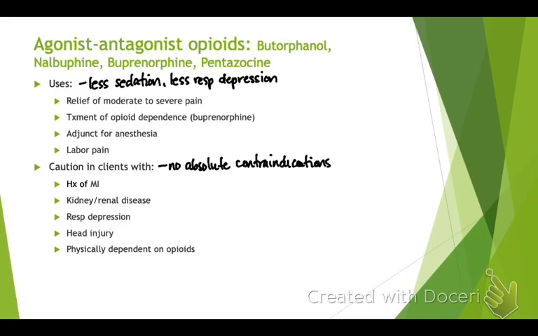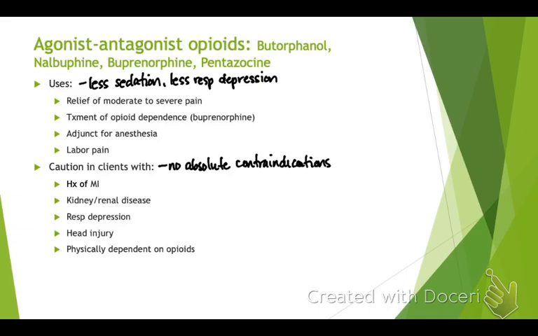Caution in clients with history of an MI, renal and kidney disease, respiratory depression, patients with head injuries, or patients that already have some type of physical dependency on opioids.